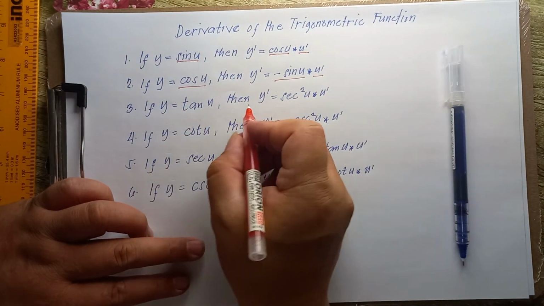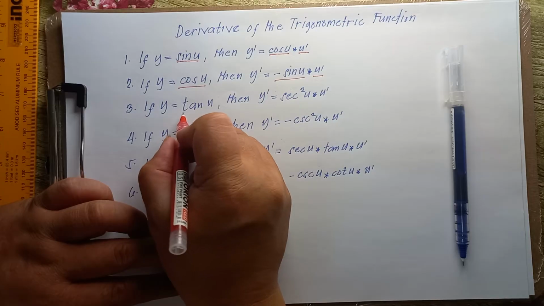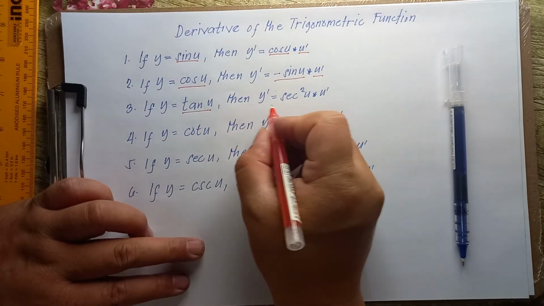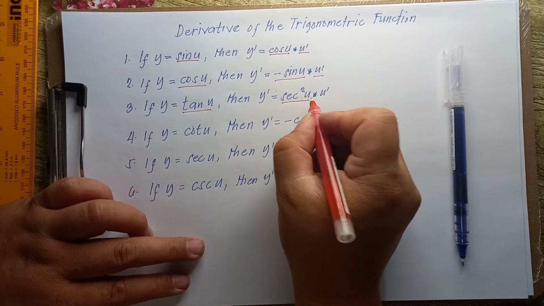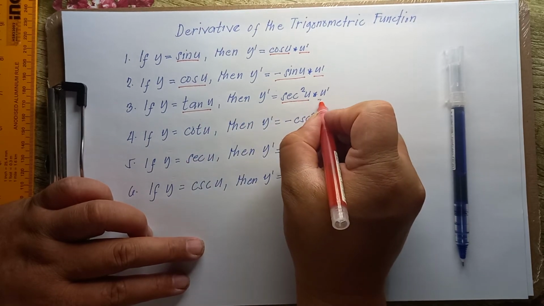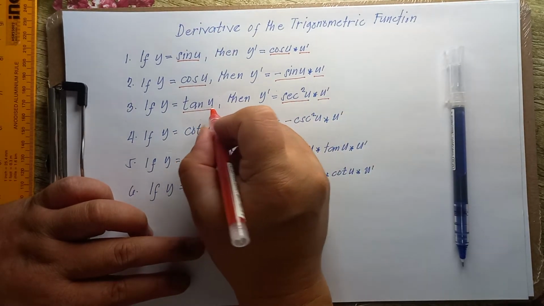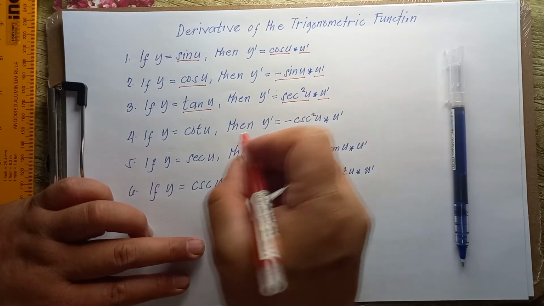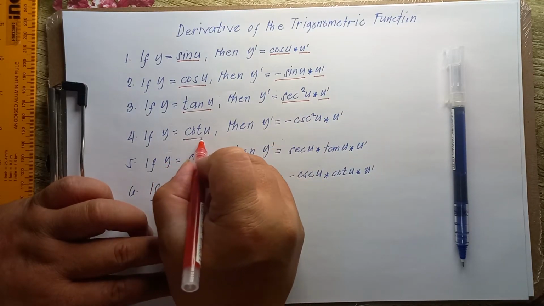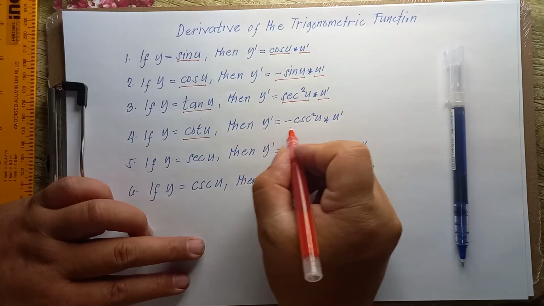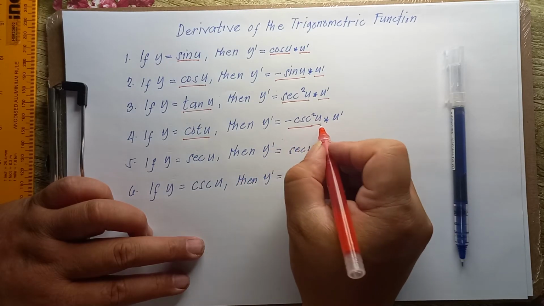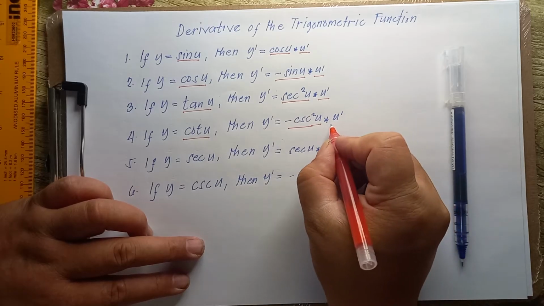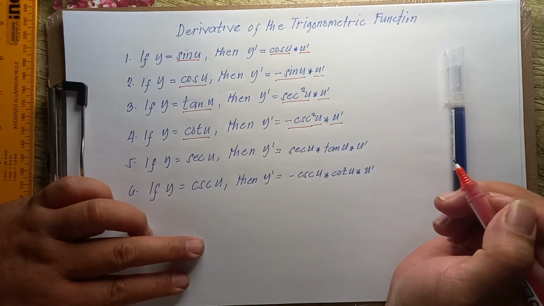Okay? What about the tangent u? Tangent u, its derivative is secant squared u times the derivative of u, which is u prime. The same as when we say cotangent, that is the same as negative cosecant squared u times the derivative of u, which is u prime.